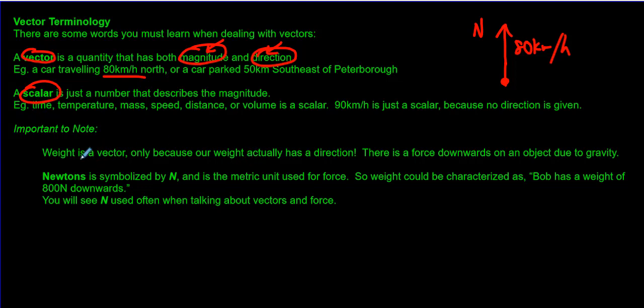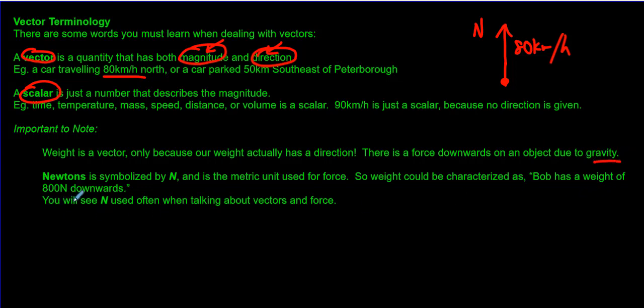Okay? Weight is a vector. Here's a note. Weight is a vector only because our weight actually has a direction. Normally weight would not be a vector, but it is because weight has to do with gravity acting on us or acting on the object. Okay? So there's a force downwards towards the earth on an object due to gravity.